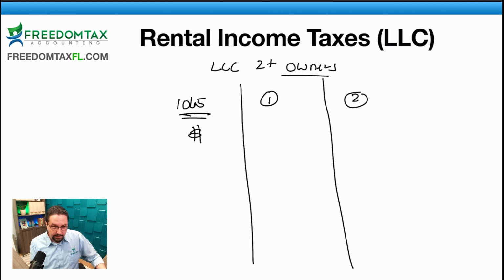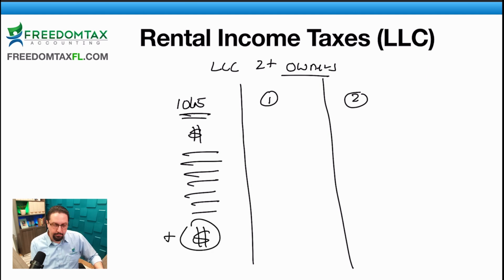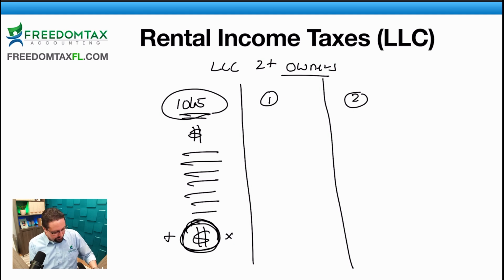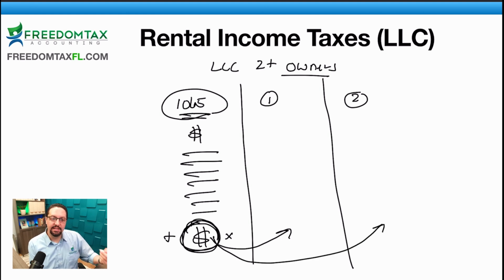You have your rental income, you have your expenses, you have your net profit or your loss. For this net profit, you have to do a 1065 form, which is a separate tax return, but you don't pay corporate tax. This net income gets split between the owners depending on the percentage of ownership of the LLC.